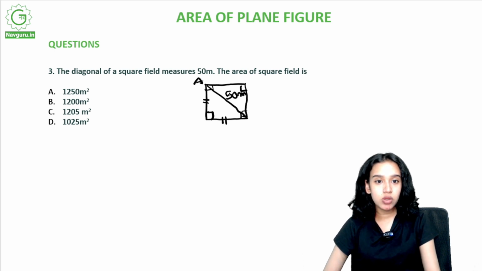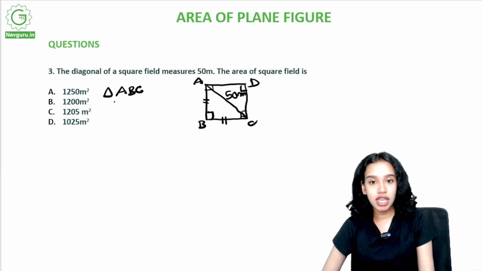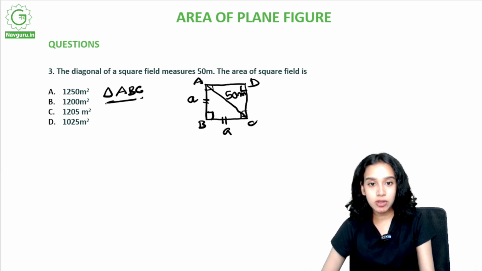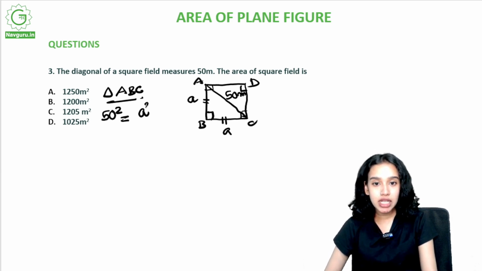If I'm naming the square A, B, C, D, let's consider the triangle ABC, right? Then, what would be the side lengths? So, according to Pythagoras theorem, if this side is A, this side is also A, they are the sides of a square. So, 50 square, the hypotenuse square, is equal to base square plus altitude square, right?